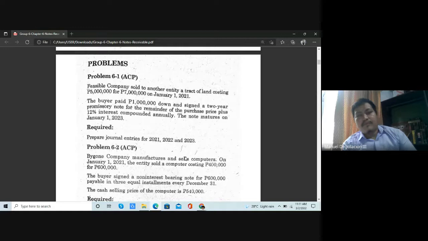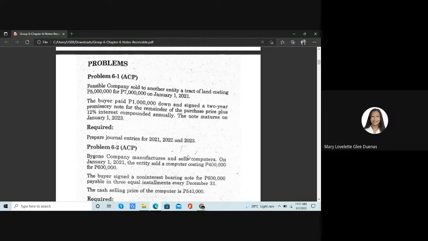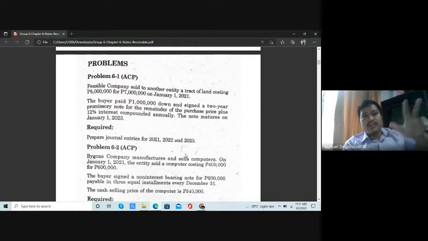Because if you'll recall in your basic accounting class, at the end of the year, as part of your adjusting entries, you will be recording your accruals and your deferrals. Normally, what will be your adjusting entries? To recognize your accumulated depreciation, to record your allowance for doubtful accounts, and to recognize accruals and deferrals. What do we mean by accruals and deferrals?